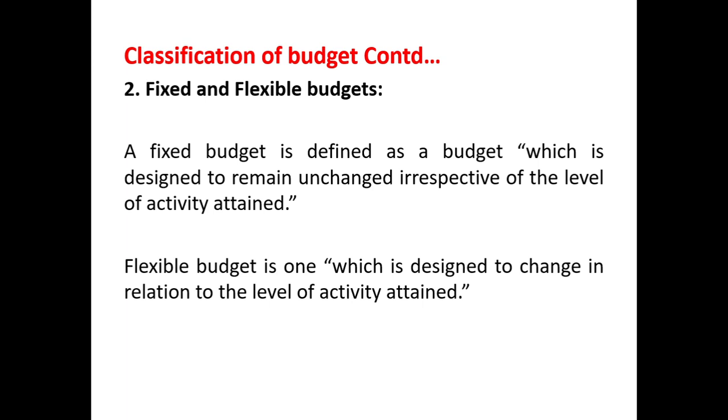If purchases decrease, flexible budget decreases. Like that, if the sales increase, flexible budget increases. If the sales decrease, flexible budget decreases. So, this is the difference between fixed and flexible budget. In the case of fixed budget, it will remain the same irrespective of the level of activity. But in the case of flexible budget, it will change according to the level of activity attained.